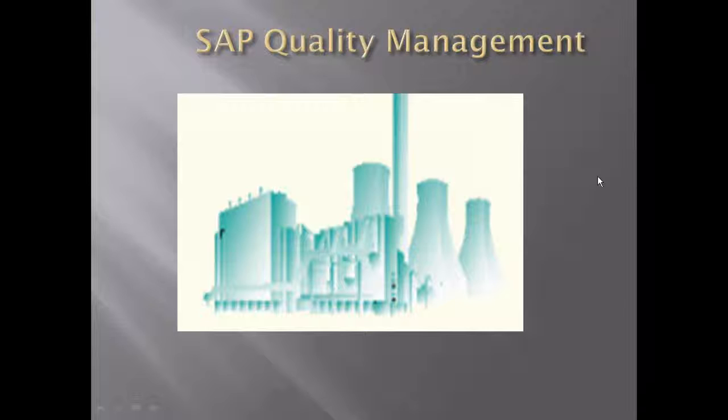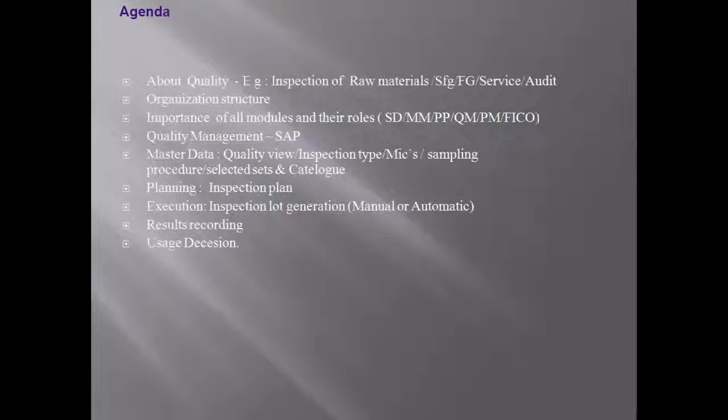The slide shows a manufacturing company symbol. Now a quality man is standing there. Now the agenda will be about quality. Example, inspection of raw materials, SFG means semi-finished goods, FG means finished goods, service, and audit.